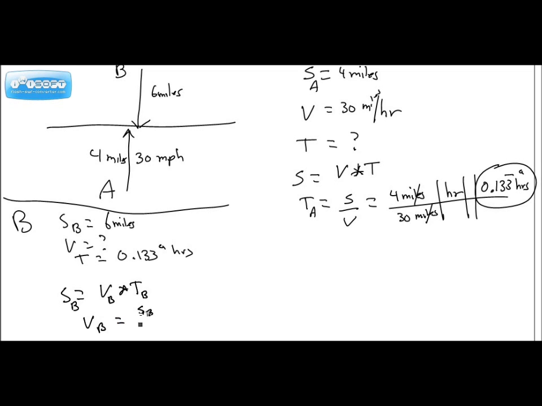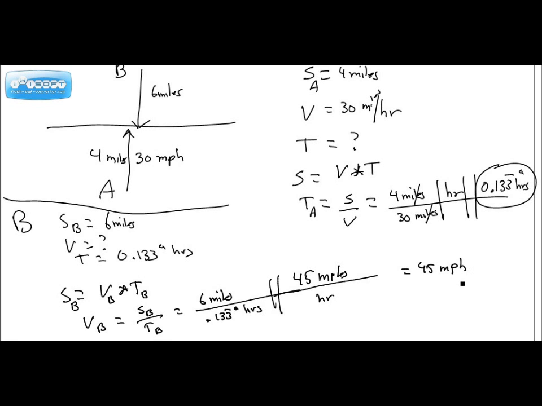Rearrange: SB over TB, 6 miles divided by 0.133 repeating, memory location A, hours. Not much of an equation. 6 miles divided by that time is 45 miles per hour, or 45 mph.